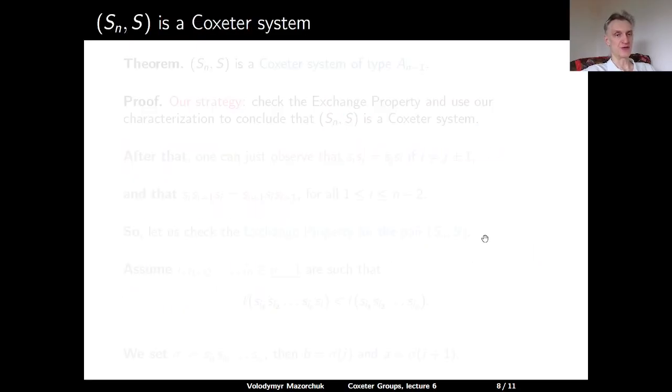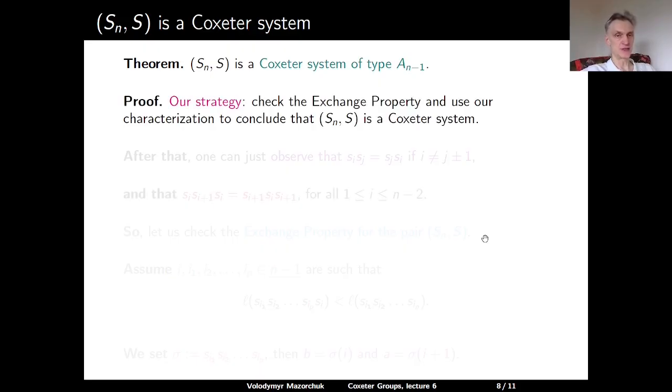Now we come to our main result, the theorem. The pair consisting of the symmetric group Sn and its generating set consisting of all elementary transpositions is a Coxeter system of type A(n-1). So the strategy of our proof is as follows. We will check the exchange property, which will prove that this is a Coxeter system due to our characterization theorem.